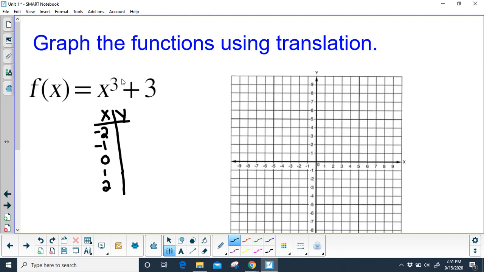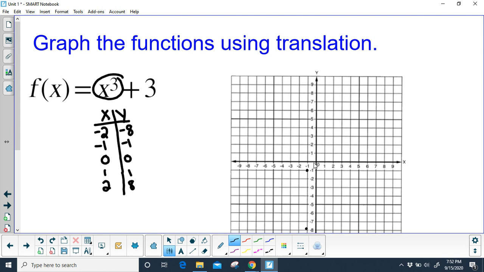The parent function's cubic, so I am going to cube every number here. -2 multiplied by itself 3 times, -2 times -2 times -2, is -8. -1 cubed is -1. 0 cubed is 0. 1 cubed is 1. 2 cubed is 8. This is what the graph looks like.